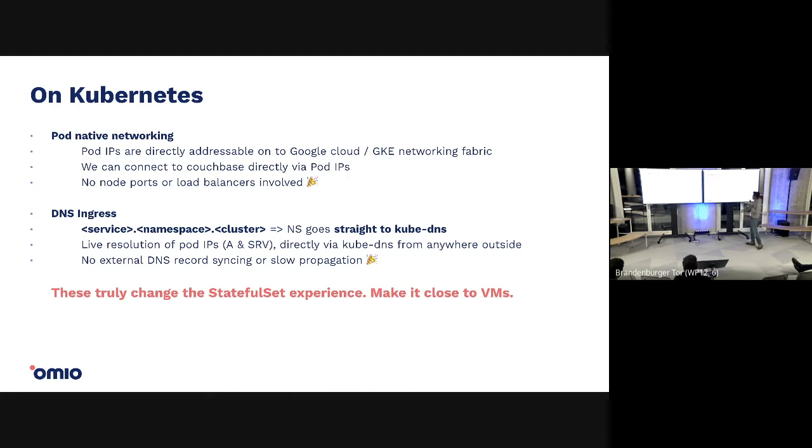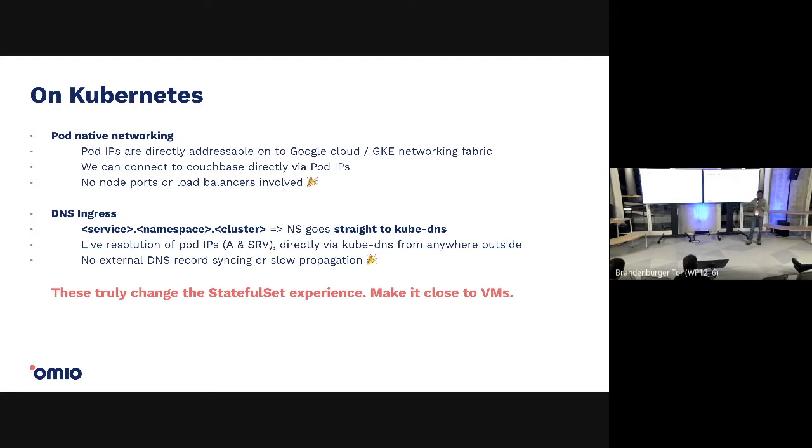We have a domain name for the cluster, and when you look up service dot namespace dot the cluster name, we made it so that from anywhere it goes straight to kube-dns. So you get back the pod IPs, a live resolution of pod IPs.